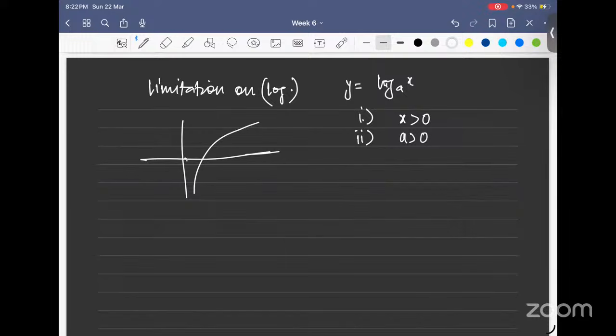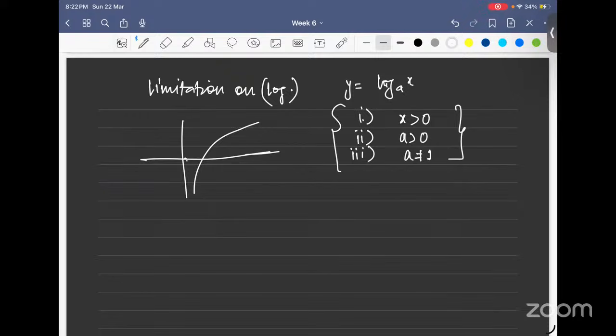The third thing is that a can't be equal to 1. That was happening for the exponential function also. Otherwise it will always come out to be 1 to the power x, whatever value you put, and you will always get a constant function. So these three should be there in your mind.